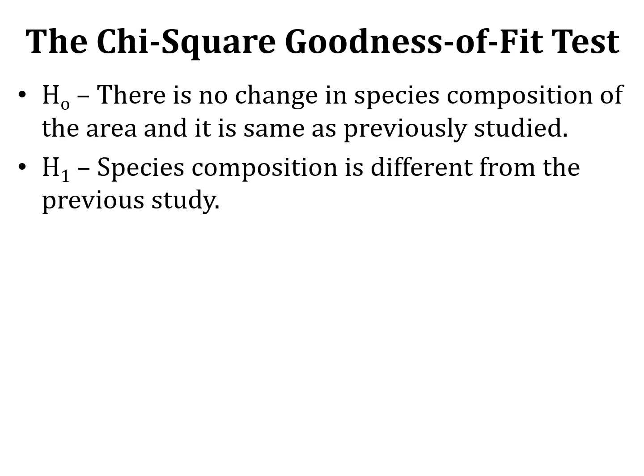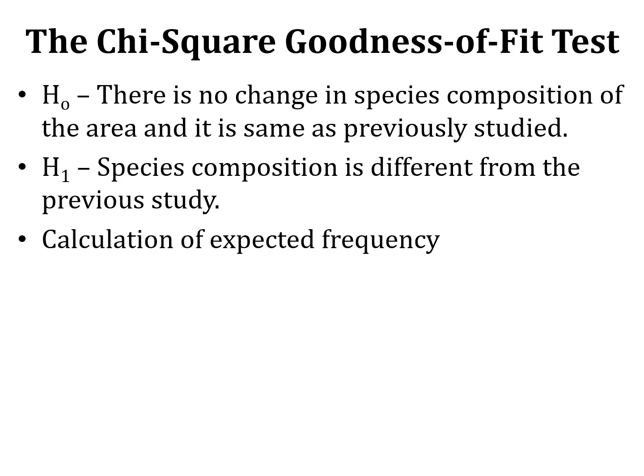Our null hypothesis is that there is no change in species composition of the area and it is the same as previously studied. And the alternate hypothesis, obviously, assumes a difference and says that species composition is different from the previous study. So these are our hypotheses.